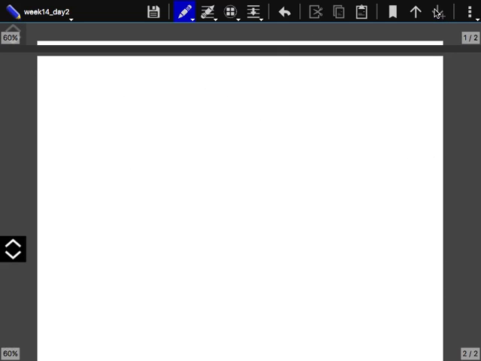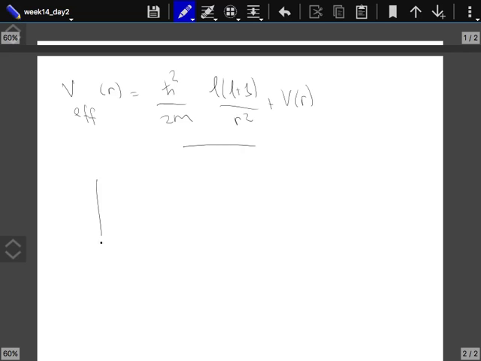And the potential of this system, if we write some kind of an effective potential, is h bar squared over 2m l(l+1) over r squared plus V of r. So we have this additional term, which behaves like this: it diverges at r equal to 0 and then goes to 0.